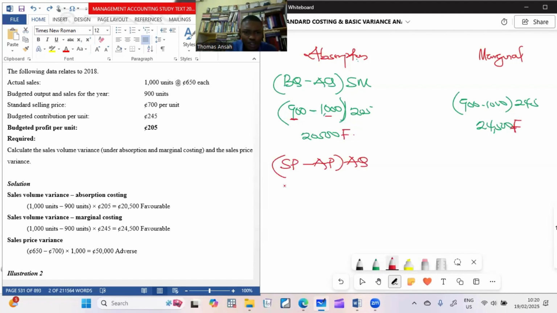Here we don't do anything marginal, it's just straight up. The standard price is 700, but you sold it for 650. The multiplication is constant, so it doesn't affect anything. What tells you is that there is an adverse relationship. So whatever answer you have, like this 50,000, is adverse, because you were not able to achieve what you wanted to do.